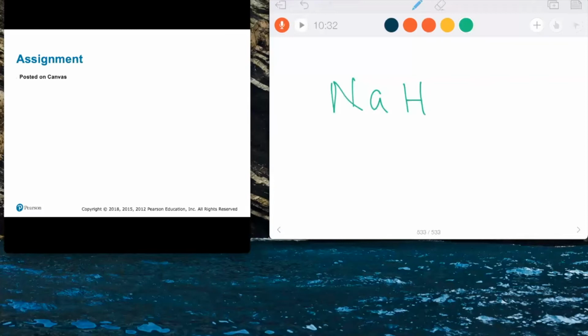We'll see the transfer of electrons in chapter 8, which is the basic chemical bonding. That is the other chapter I want to start today. What I want you to do is please work on the assignments.